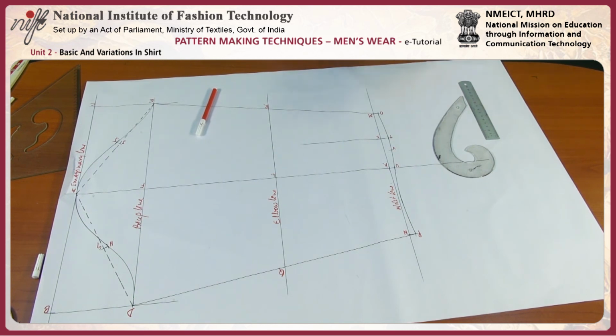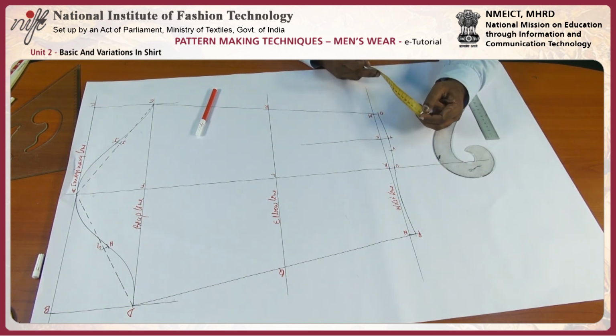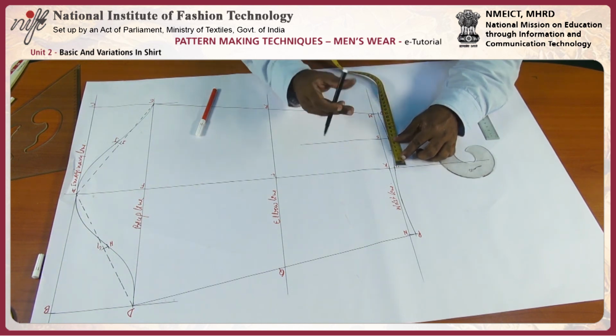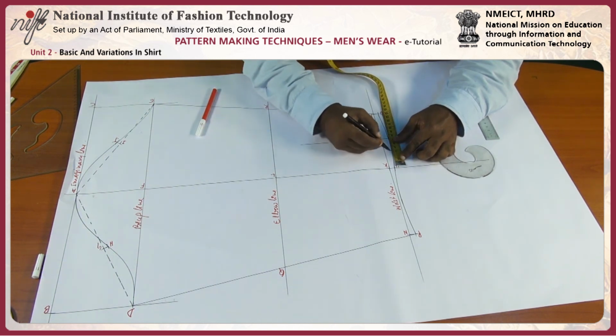V to W is 2.5 centimeters, pleat number 1.